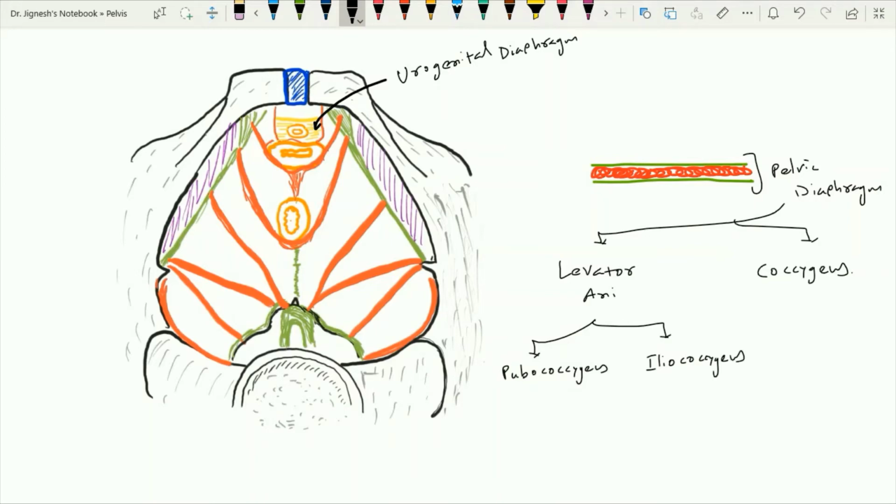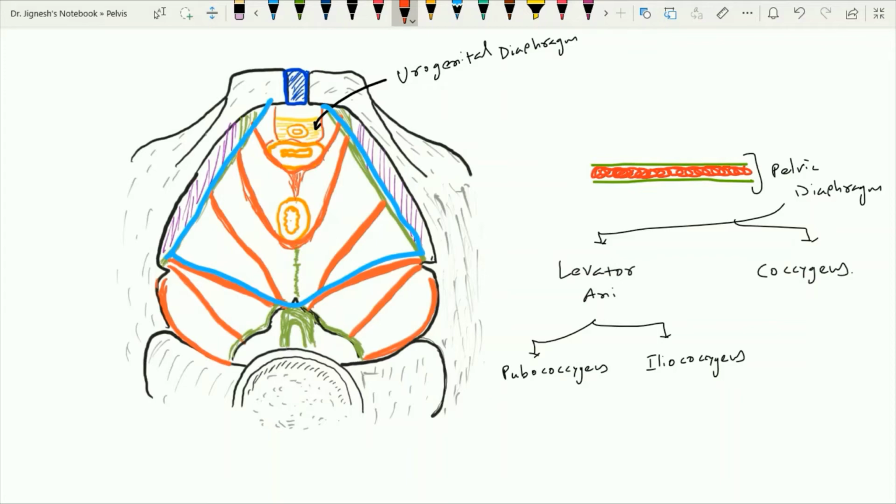So when we see the levator ani muscle here in this figure, this is the actual boundary of the levator ani, and it has two parts, one is the pubococcygeus and one is the iliococcygeus. So let's see the iliococcygeus muscle first.